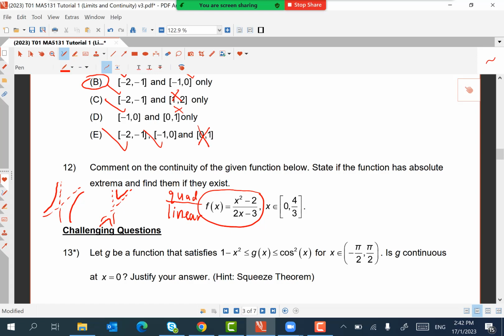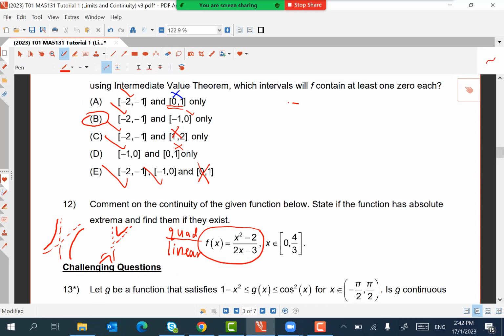One way of checking things out is to do a long division of this function. So x squared plus 0x minus 2, divided by 2x minus 3. The first term you need is half x, then you get x squared minus 3 over 2 x.